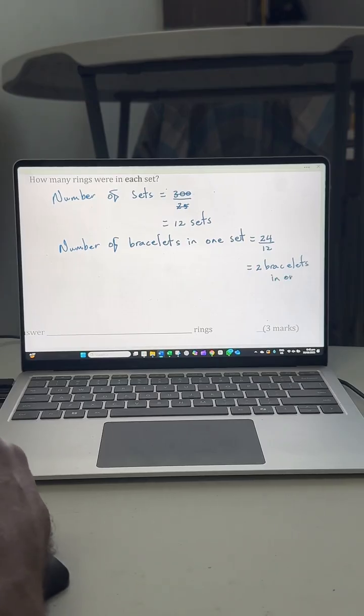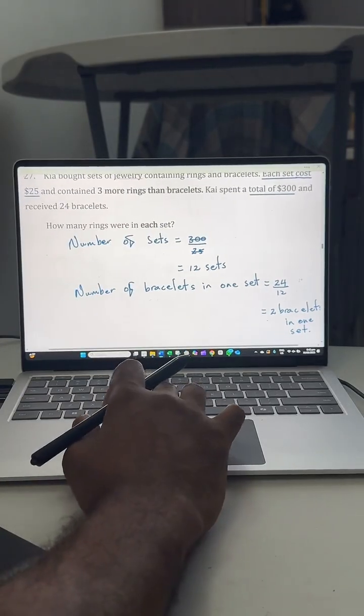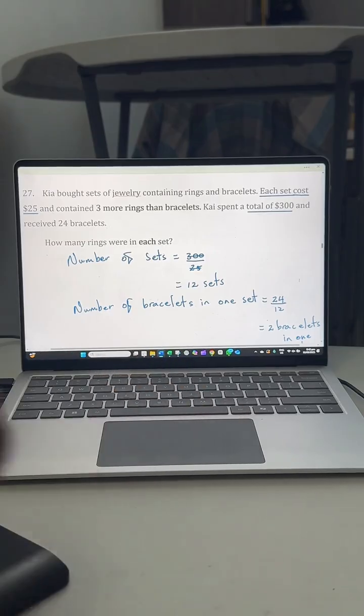In one set, right? But what did the question say? We read it back from the top. Kai bought sets of jewelry containing rings and bracelets.